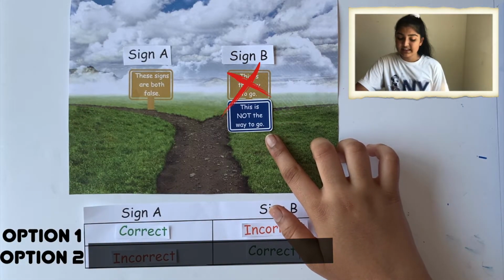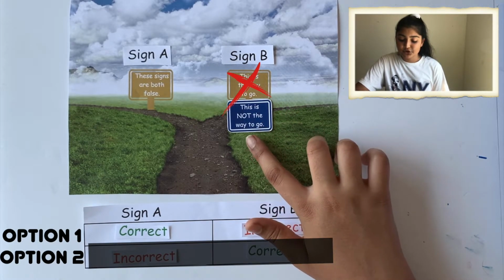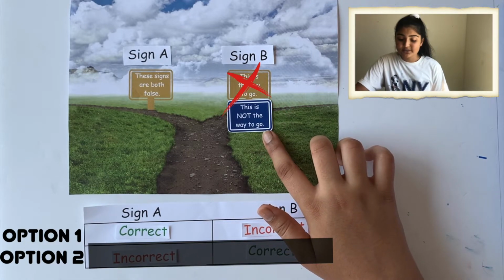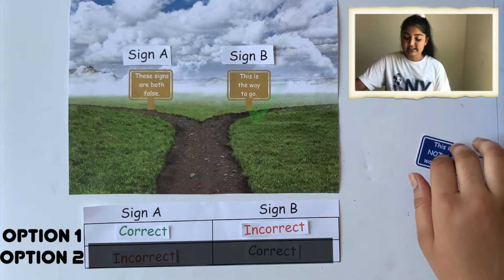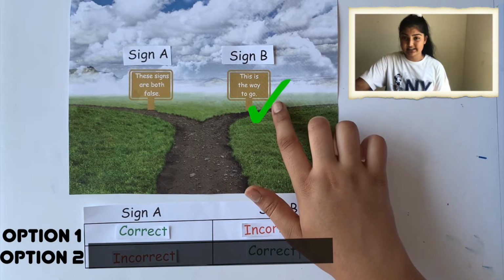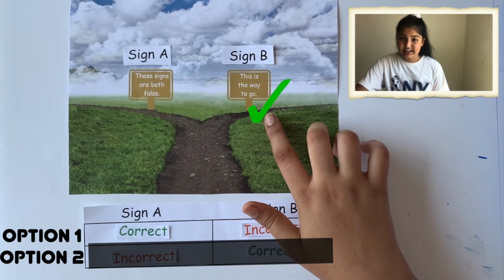Well, if sign B, which says this is not the way to go, is false, that means this is the way to go. And the knight should take this path.